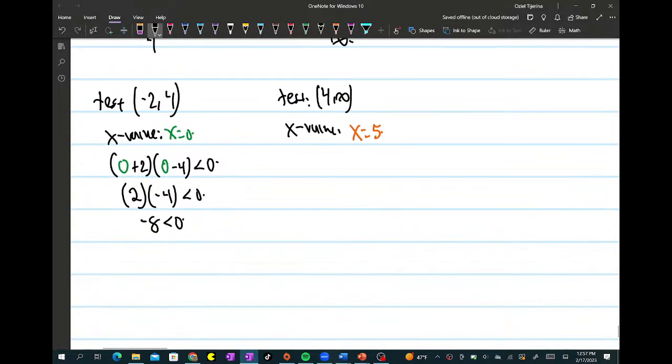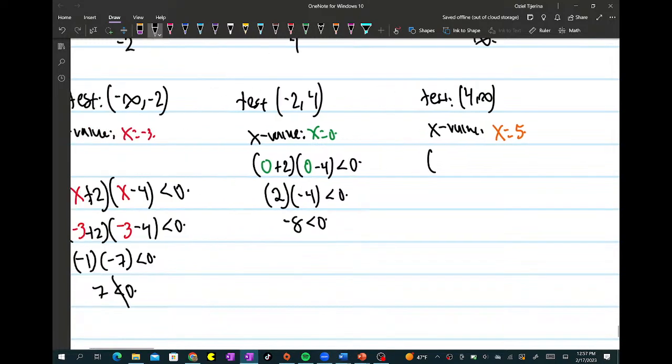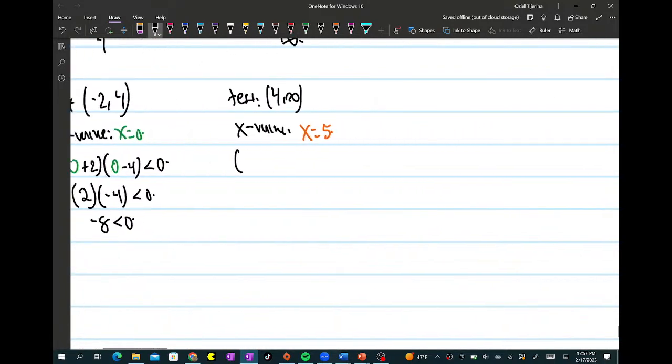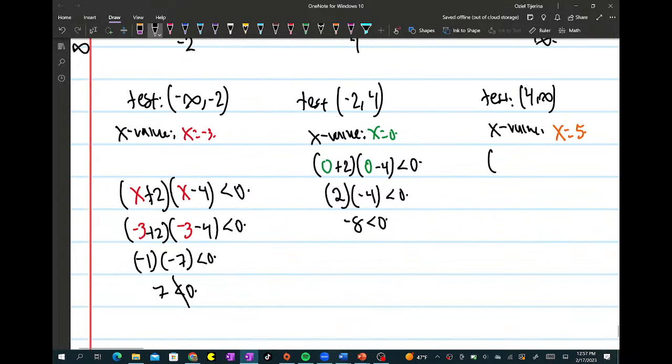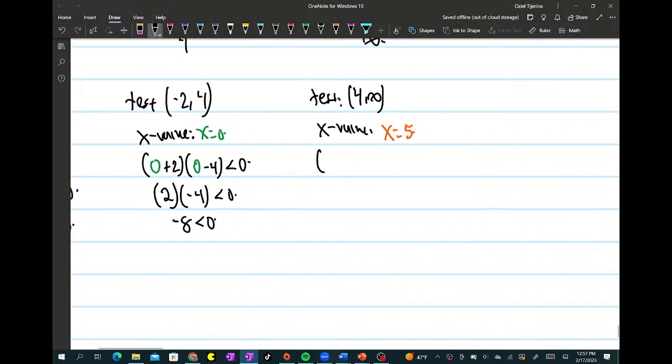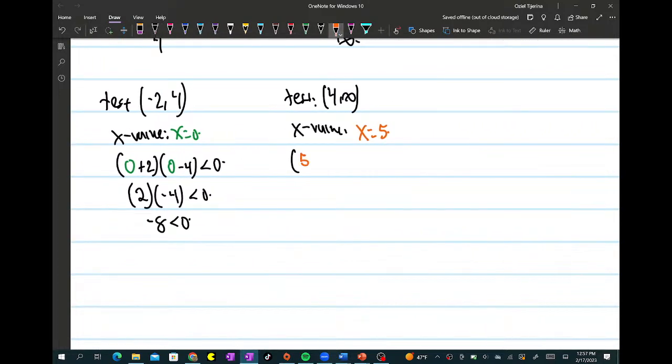So we have the quantity 5 plus 2 times 5 minus 4 less than 0, right?